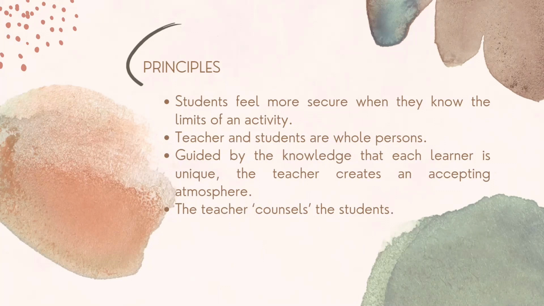Sharing their feelings about the learning experience allows learners to get to know one another and to build community. Next, guided by the knowledge that each learner is unique, the teacher creates an accepting atmosphere. Learners feel free to lower their defenses, and the learning experience becomes less threatening.